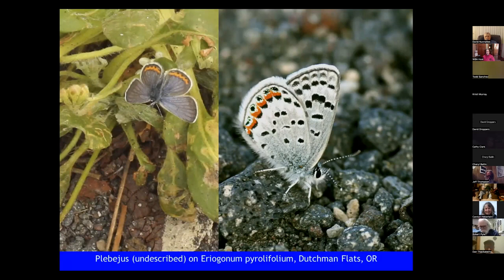Down in Oregon, at a place called Dutchman Flats, which is just east of Bend, Oregon, we have this lupin-type blue, which is found on pyrolifolium. On the left side, we have the blue sitting on the host plant, pyrolifolium, and they do use this plant as their host plant.